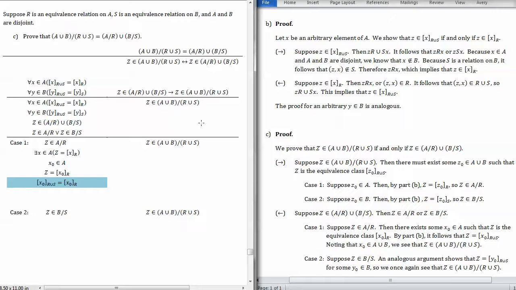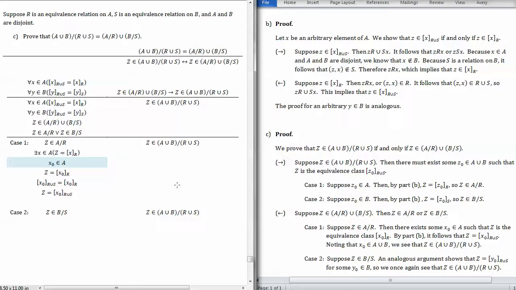Here's where we pull in our results up here from part B. In this case, the first one, we'll do instantiation where X is X naught. And so we get that X naught bracket R union S equals X naught bracket R. And that tells us something about capital Z. We can replace this over here by capital Z, and that's exactly what we need.